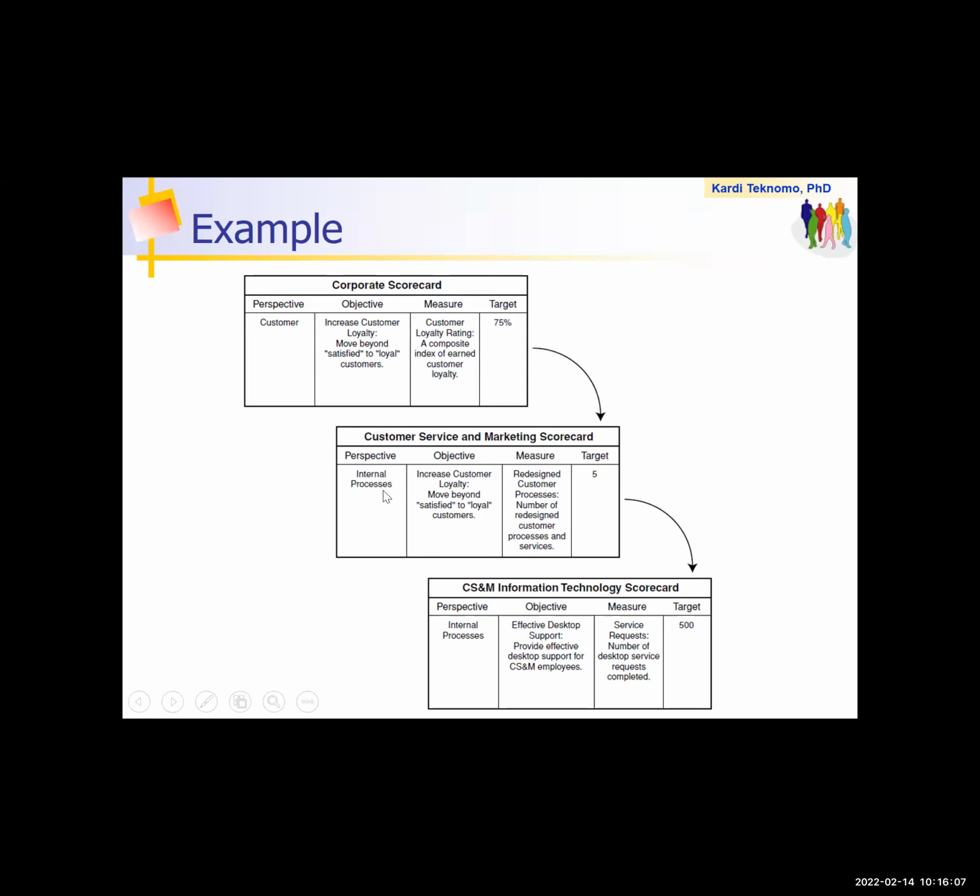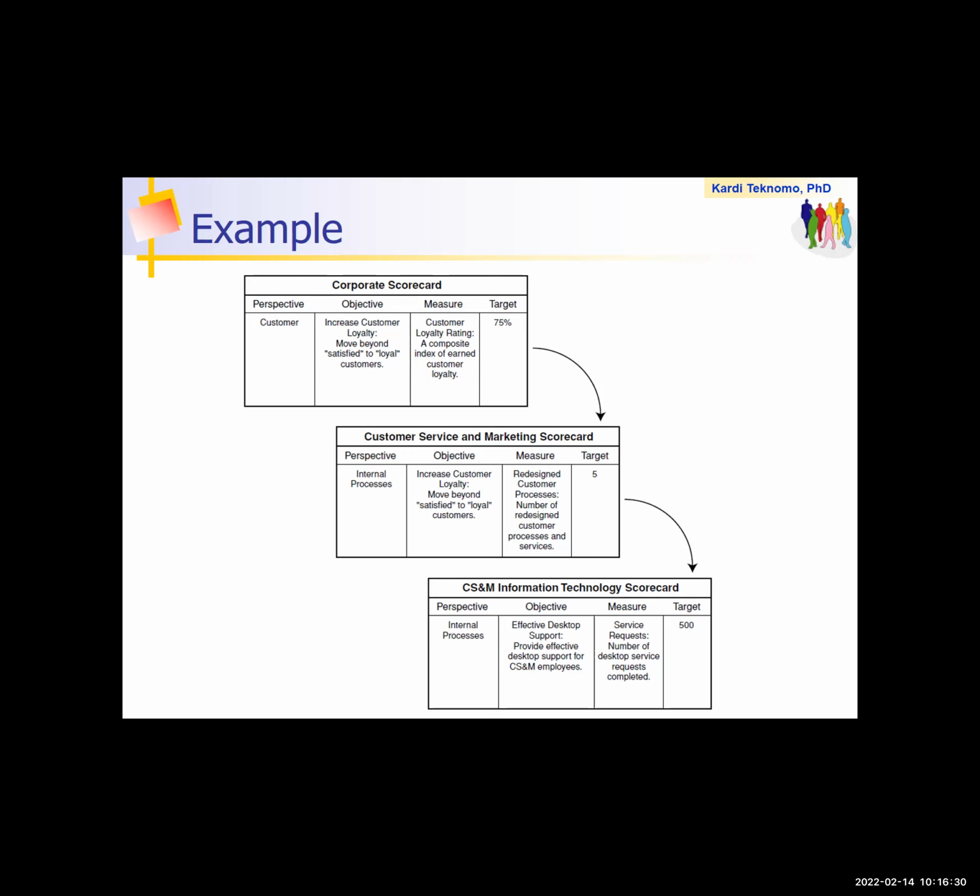In the internal process, you will say, okay, we want to increase customer loyalty. Then what is the measure here? You redesign the customer process, and you measure based on the number of redesigned customer processes and services. For example, you target 5 changes.